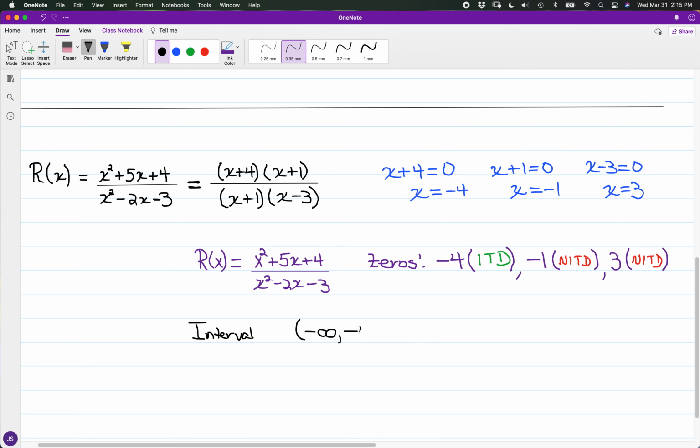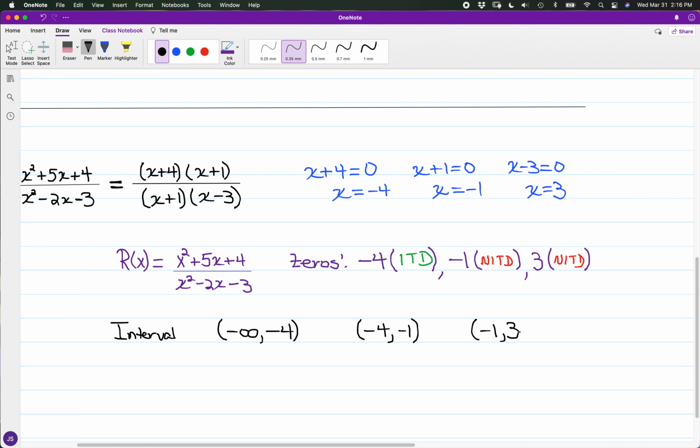So we have values of x less than -4, followed by values of x greater than -4 and less than -1, then those values of x greater than -1 and less than 3, and then those values of x greater than 3.